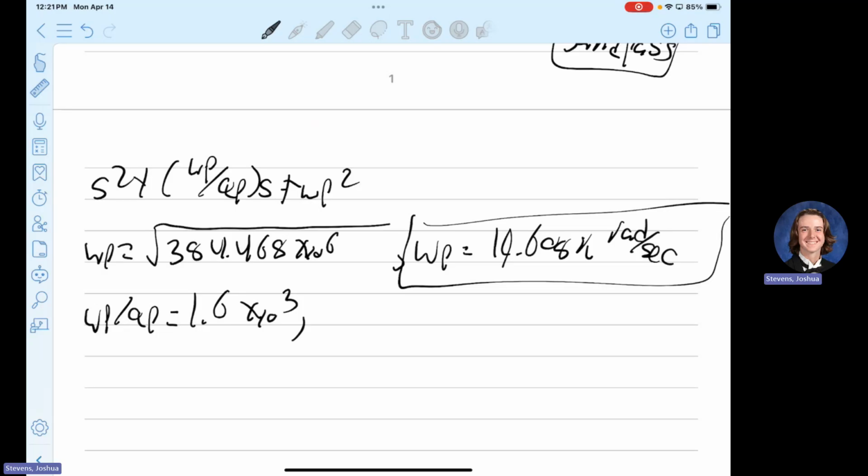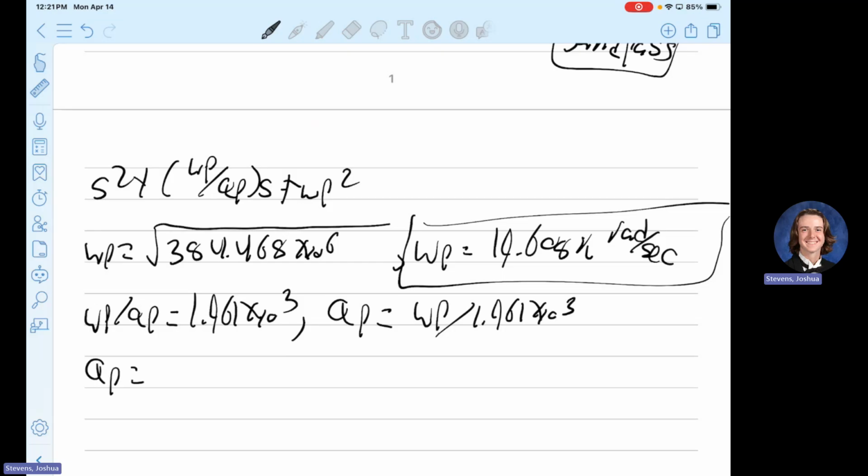Well, if we want to find QP, QP equals omega P divided by 1.6. Well, I'm sorry, it's not 1.6, it's 1.961 times 10 to the third. So then we plug in the value of omega P.